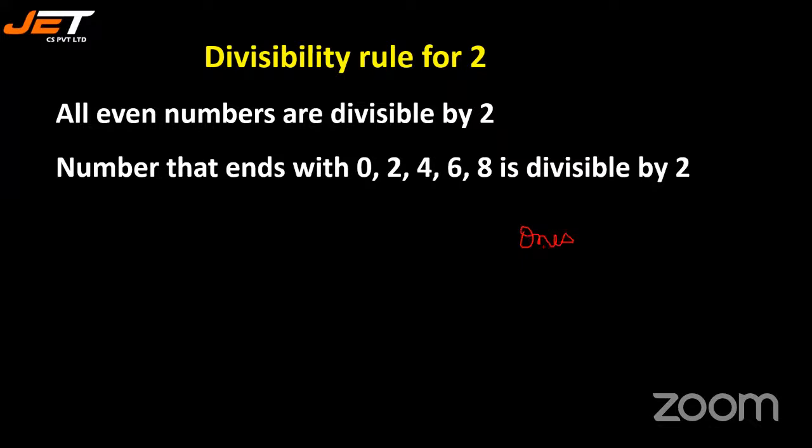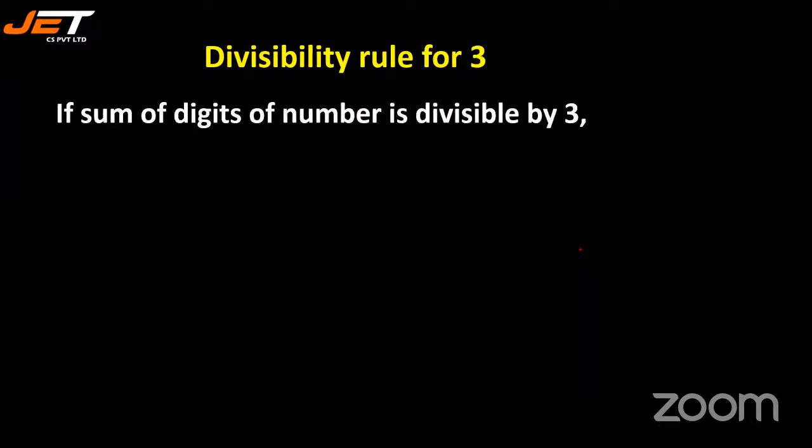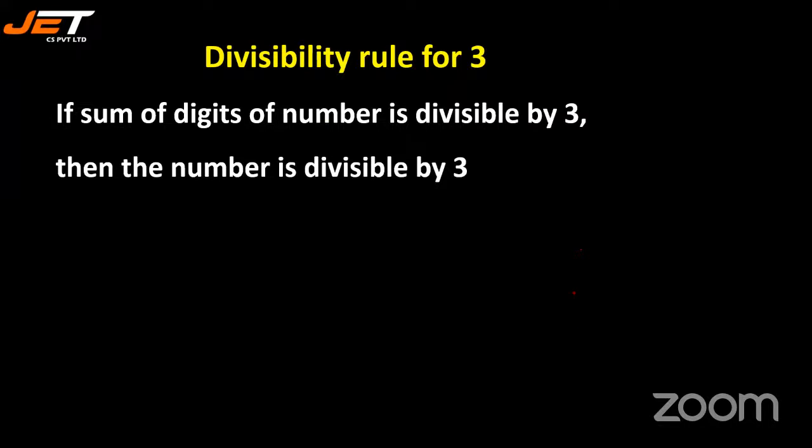The divisibility rule of 3 says if the sum of the digits of a number is divisible by 3, then the entire number is divisible by 3.